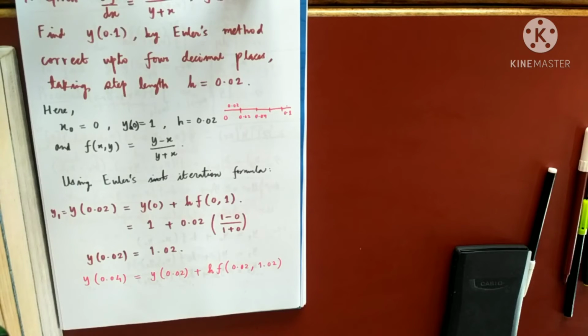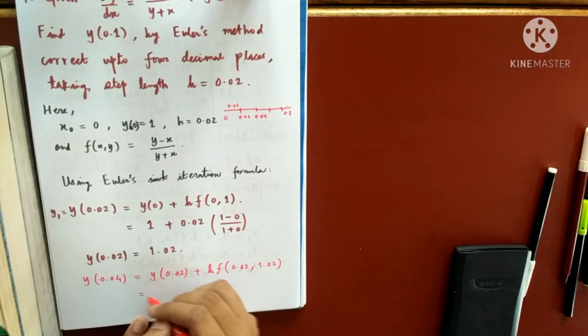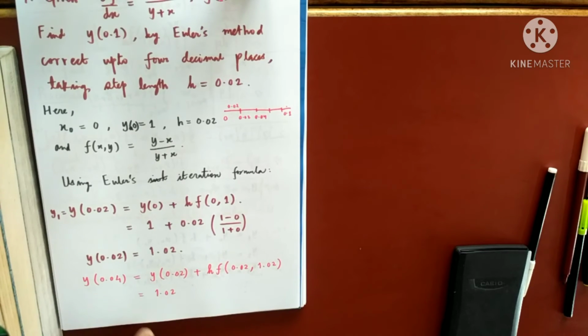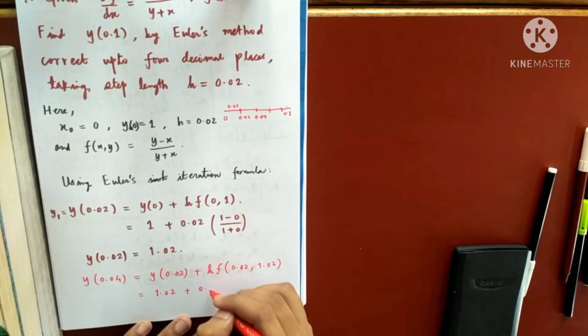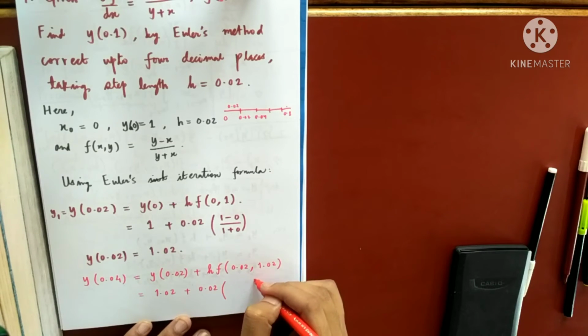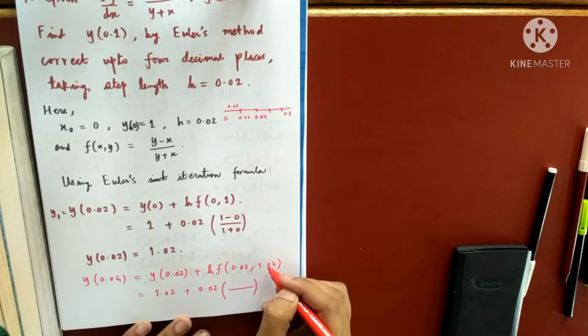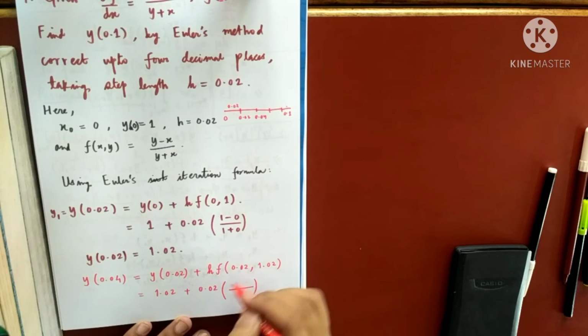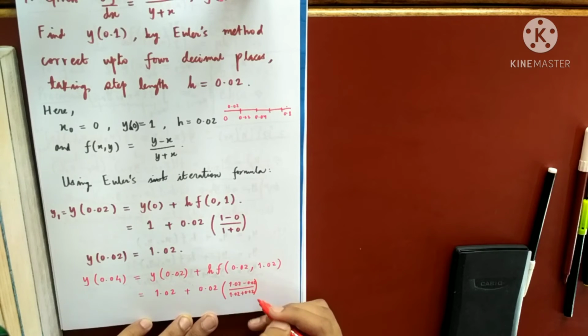Now just compute the values. This is 1.02 plus h is 0.02. This, right? What is this coming as? This minus this, because y minus x, 1.02 minus 0.02 by this plus this, 1.02 plus 0.02.